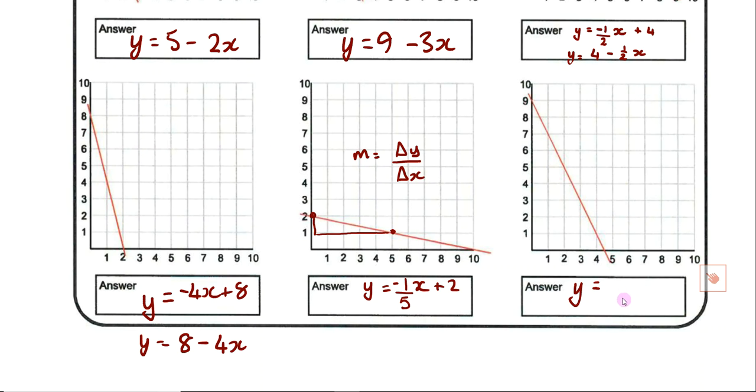The last one on the second sheet. Nope, it's not half. Two x, yeah. Okay.